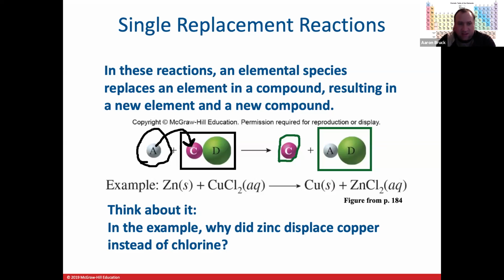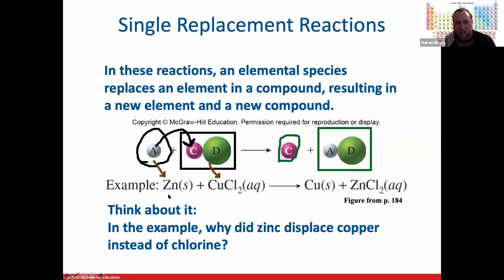So in this case, A would be represented by a metal, which is zinc. And CD is represented by the compound copper 2 chloride.